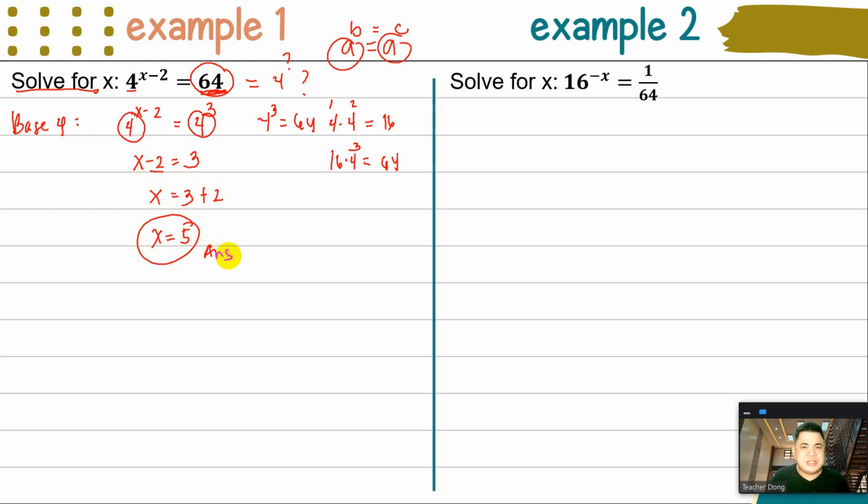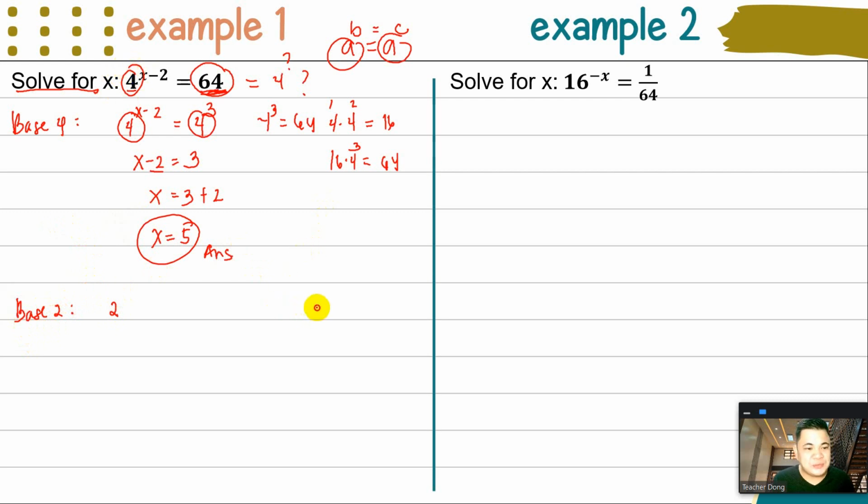If there is a question in mind, how about 2? Can we use 2 as the base? So let's try. If you are going to use a different base, you have to make sure that you have the same value as well. So in this case, what if we're going to use 2? The question is, how can we make 4 a power of 2?